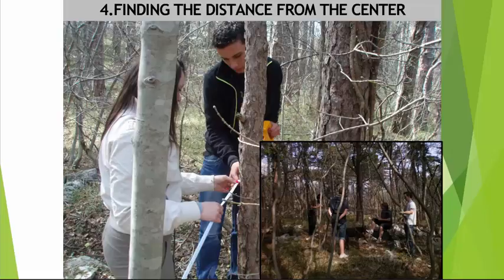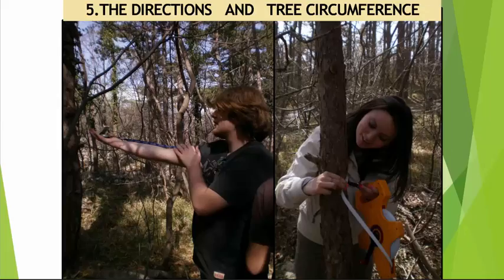They were measuring each tree, what was its distance from the center, and they wanted to measure every tree in the wood. So they also measured the tree circumference, and with a compass they measure where each tree was situated.